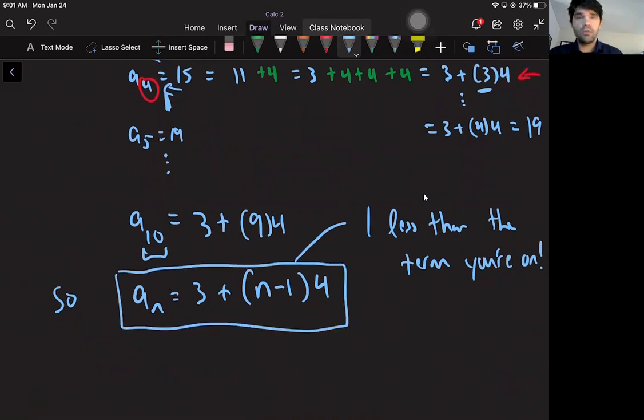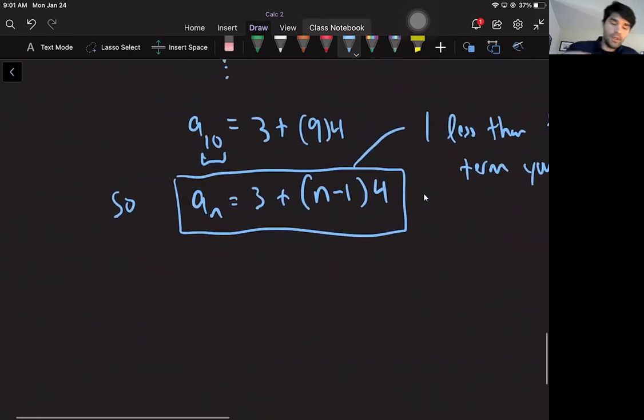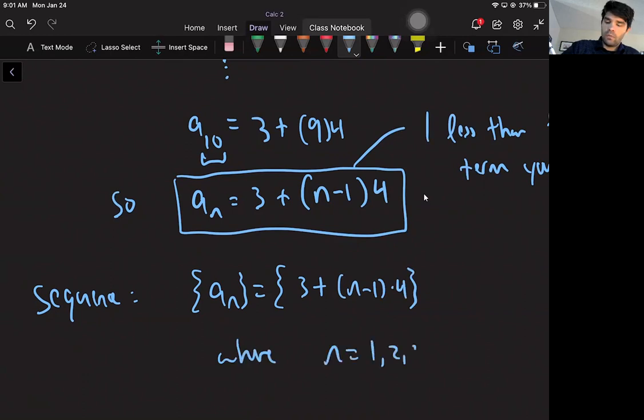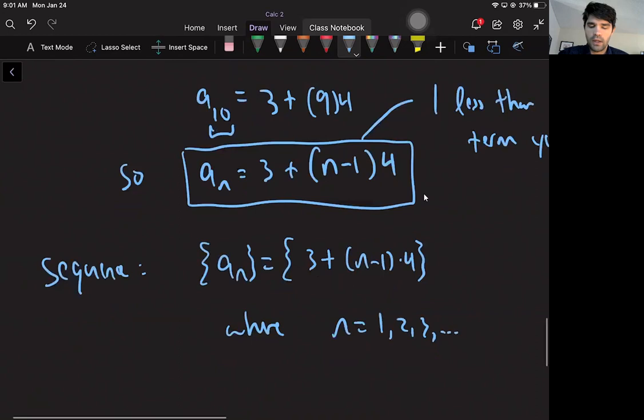This is the formula for AN. And then again, the sequence you could then write as AN equals this pattern where N starts at 1 and goes on like that.